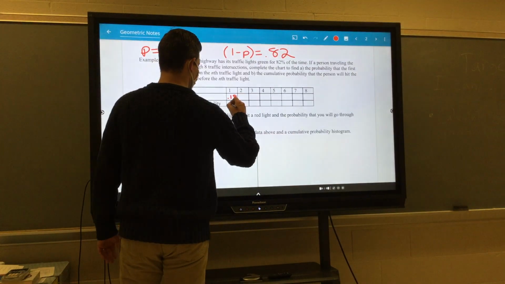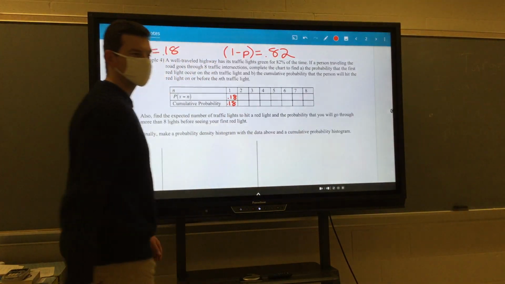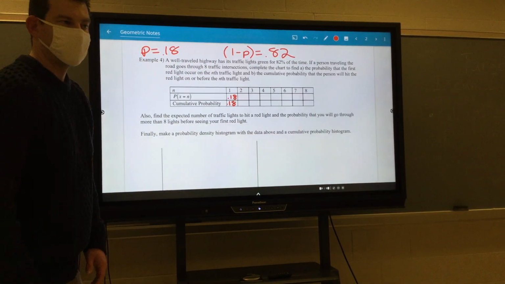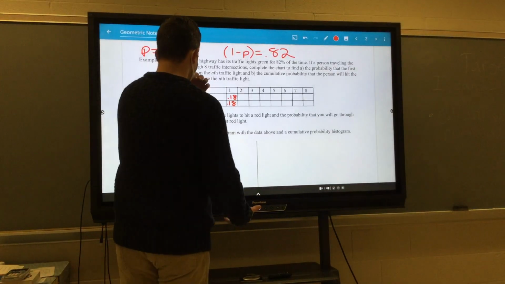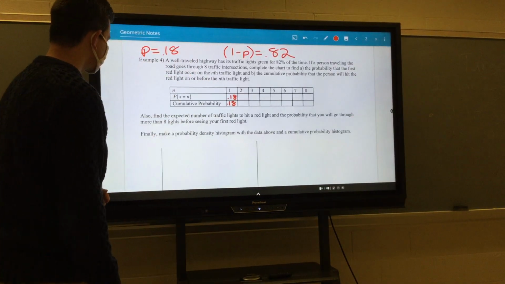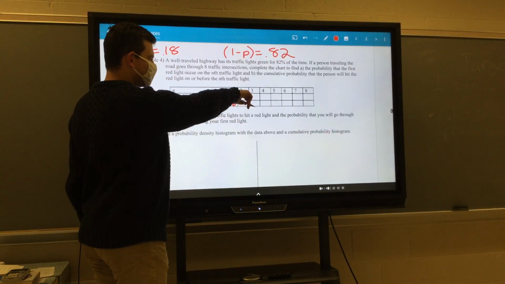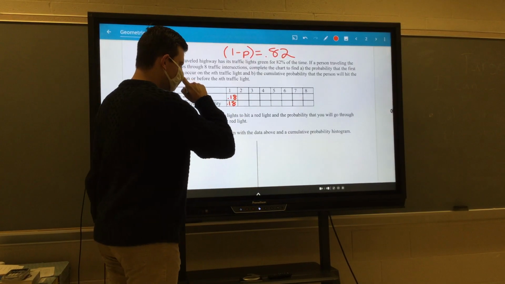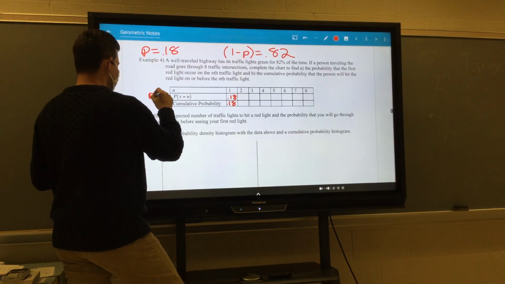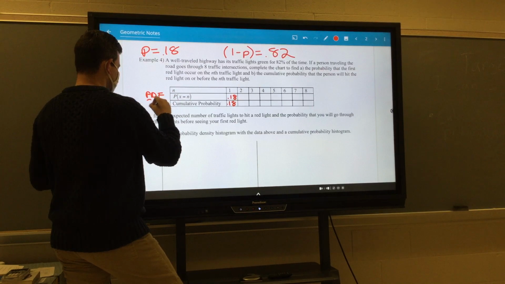And the cumulative probability, also 18%. We haven't had any other opportunities yet, so just 18. Now, number two, we could do geometric PDF to get this row. Okay? This would be PDF. This would be CDF.